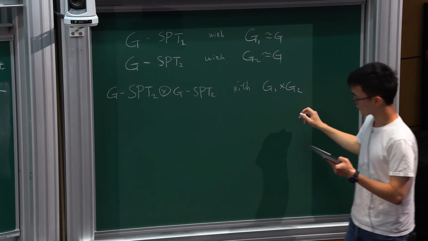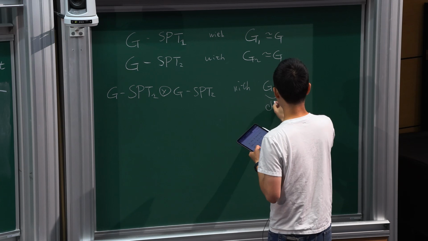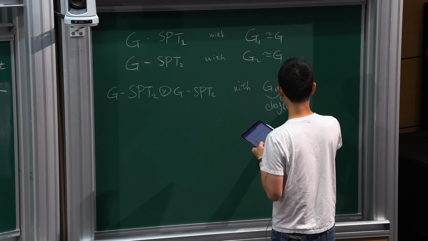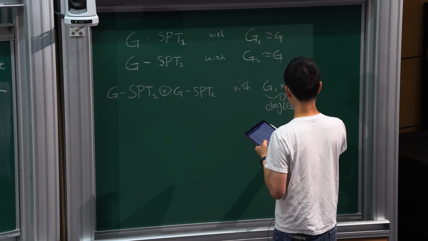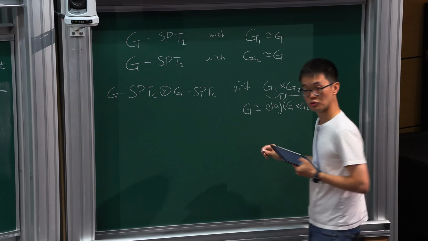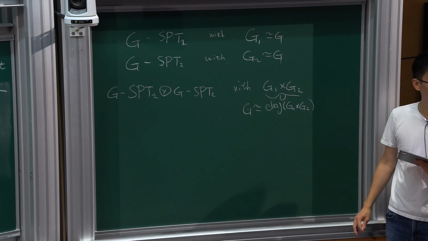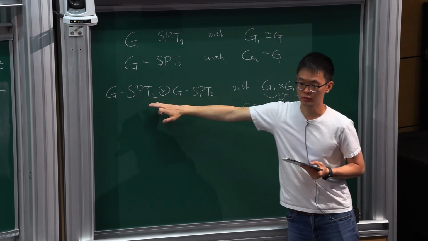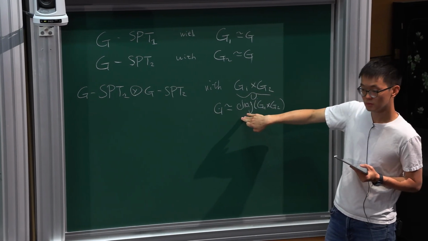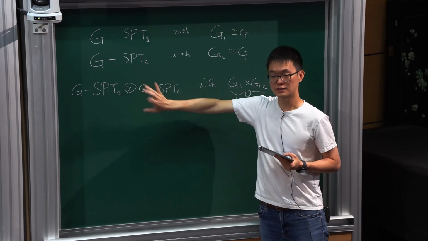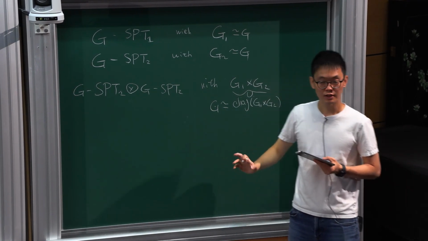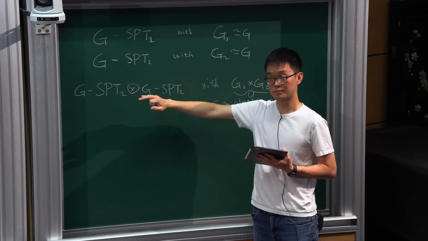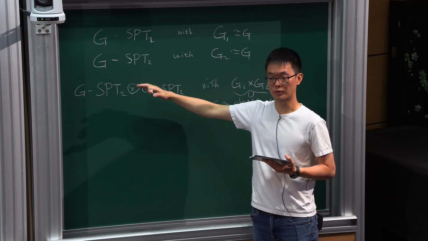But in the direct product, there's a natural diagonal subgroup, which is isomorphic to G. So by viewing this tensor product theory with respect to the diagonal subgroup, you can interpret it as another G SPT. That's why there is a stacking multiplication operation among invertible SPTs.